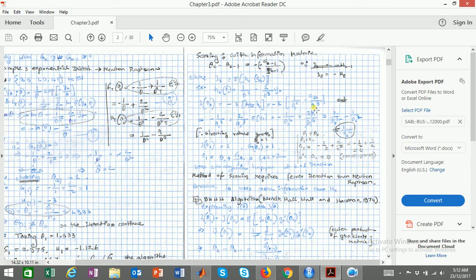Now we can solve this problem with the information matrix. When we use the information matrix process, we call it the method of scoring. The information matrix is simply the negative Hessian, nothing else. Here it is negative expected Hessian, minus E H naught.